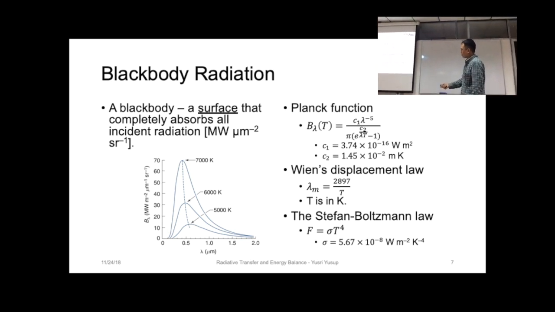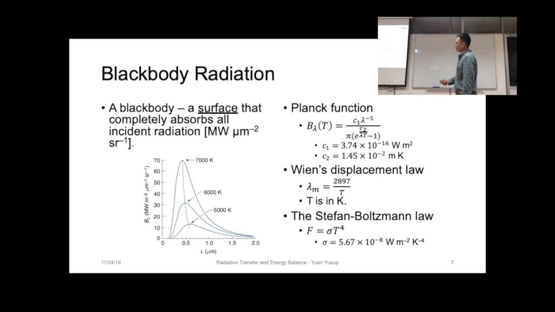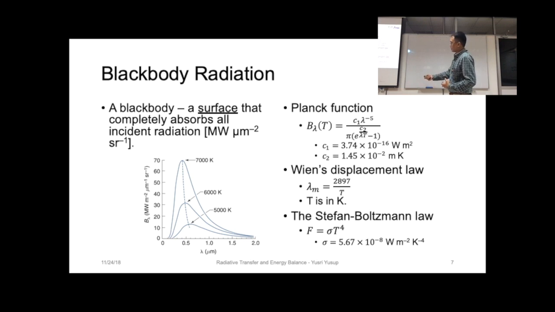Now we look at this graph. This black body absorbs, but it also emits radiation. We can think of it as a surface that emits radiation, because here we see the black body value with the unit megawatt per meter square per steradian, and the wavelength.